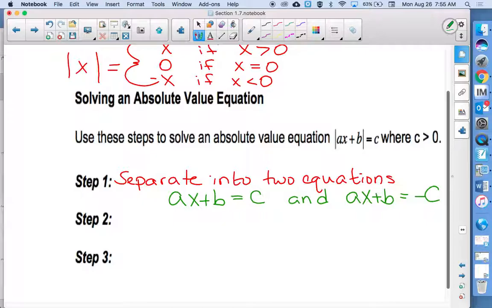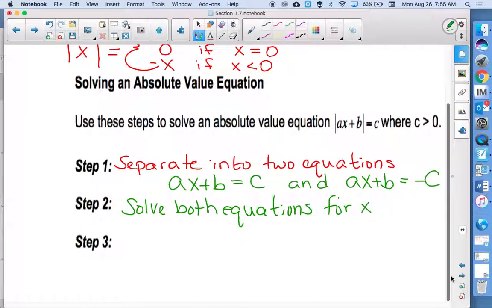So the second step would be to actually solve. You're solving both of them though. So we could have two answers, again, because I can have the same distance on either side of the middle of x.